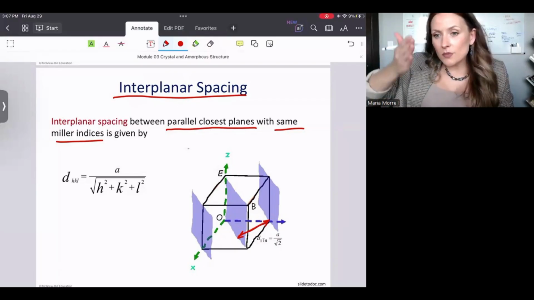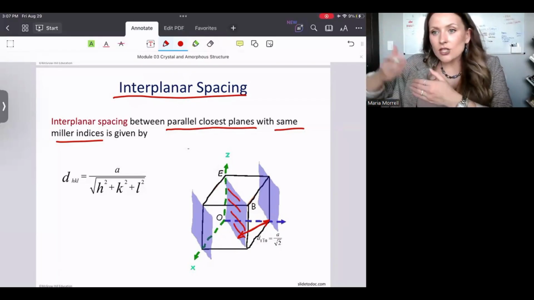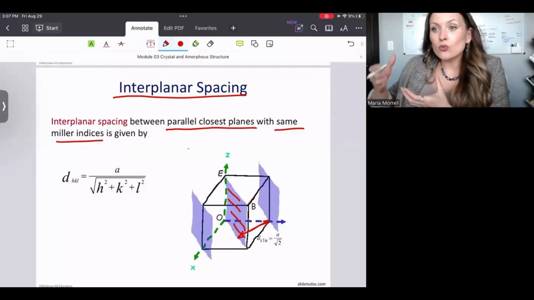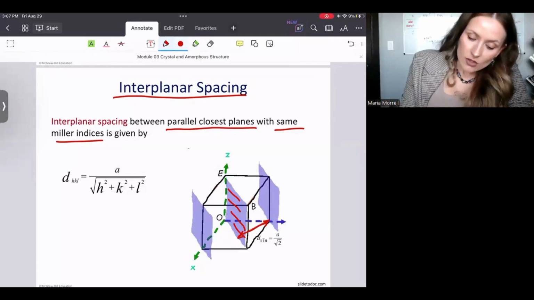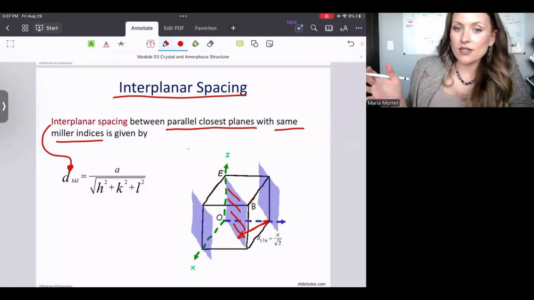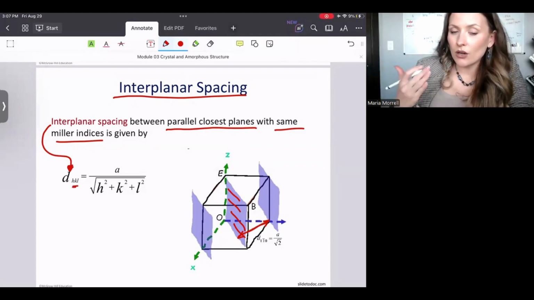So that means that these planes that you identify, like the plane right here, actually occur over the entire crystal, and there's a specific distance at which it occurs. And this distance is the interplanar spacing, and we always specify which plane we are looking at.